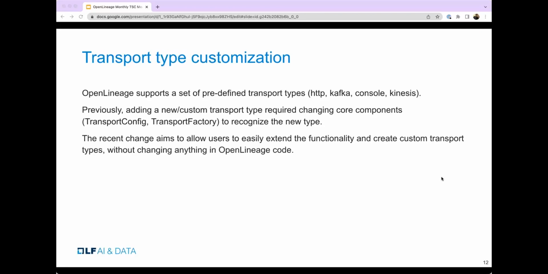So we had to make this integration with a kind of custom transport type, taking the event that OpenLineage produces and extracting from there what we actually need in order to transmit the data to OpenMetadata. And this way I can do it without changing anything in OpenLineage core.